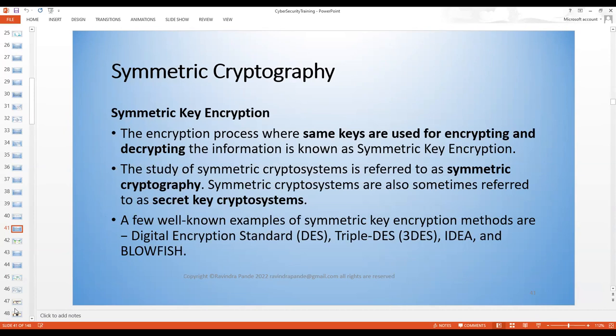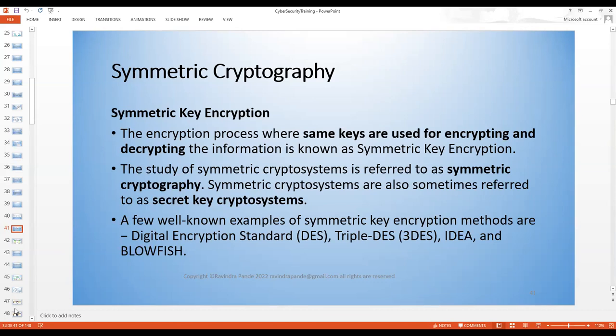We have seen this in our last session, where the key is shared with the receiver via some other channel, such as a smartphone, SMS, WhatsApp, or email. So normally the key is shared through a different medium.